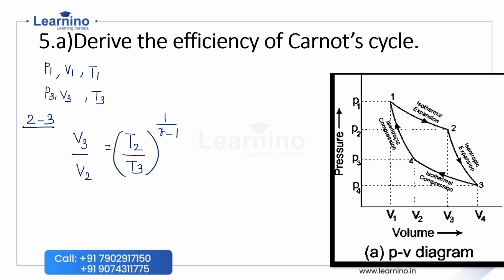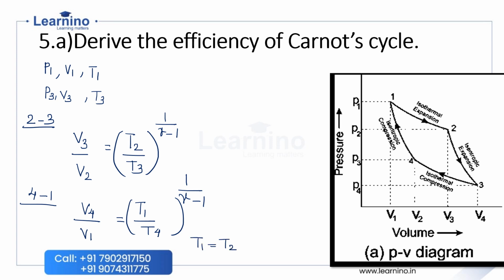And for the adiabatic compression in the process 4, 1, we can write V4 by V1 is equal to T1 by T4 the whole raised to 1 by gamma minus 1. Since the process is isothermal, we can say that T1 is equal to T2 and T4 is equal to T3.